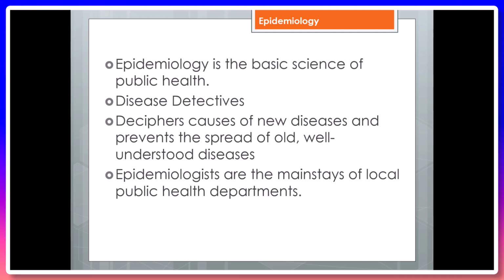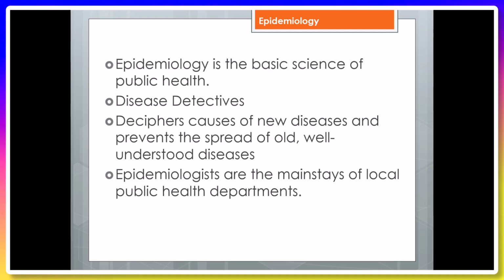So an example for you would be COVID-19. When that outbreak started, they noticed an increased number of cases of this viral infection, and they tried to figure out where it started and what the cause was.